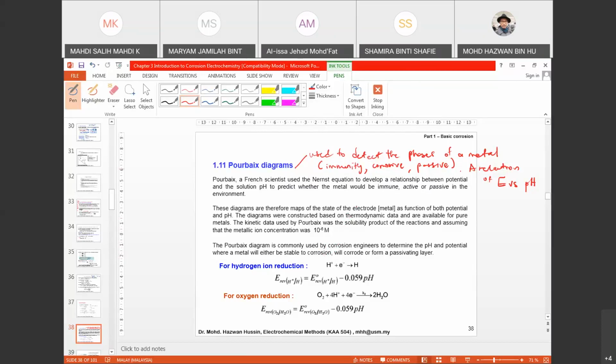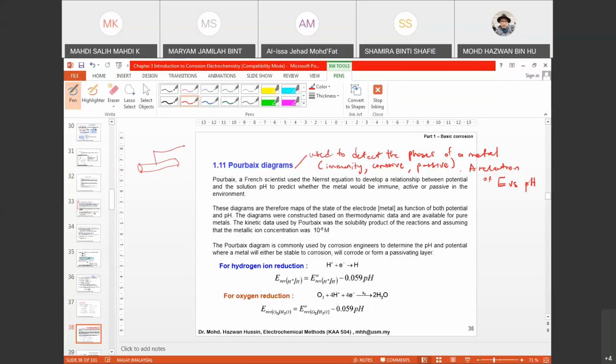So this is actually a very good indication, because when you do monitoring, for example, you have a pipeline in an environment, and you want to know whether the pipe experiences immunity, corrosion, or passivity. Then you will make this your working electrode.